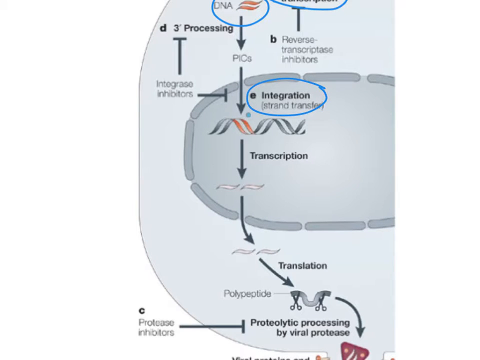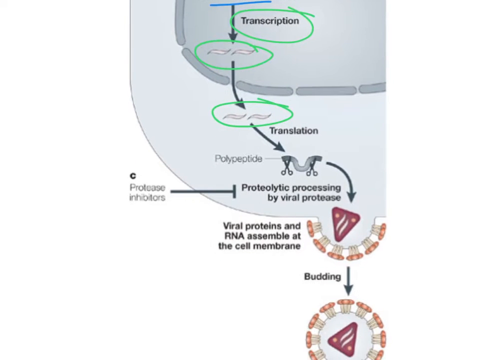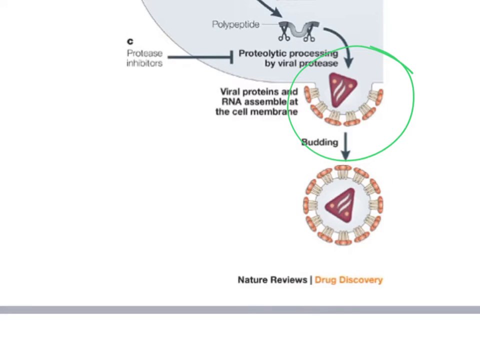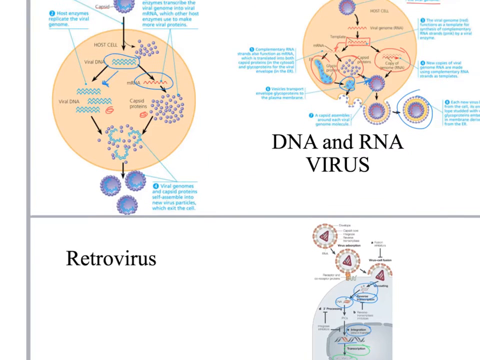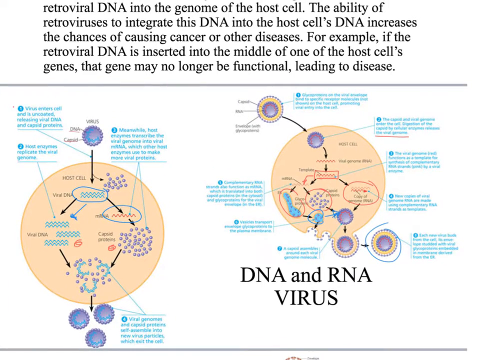That is, it inserts into the DNA of the host, and then after a transcription, you get the mRNAs, and after the translation, you'll have the new viral proteins, and finally you'll get new viral structures, okay, new viruses there, like here. This is the one that we talked about in the last class, that is a retrovirus. These are DNA and RNA viruses that are not retroviruses, okay.